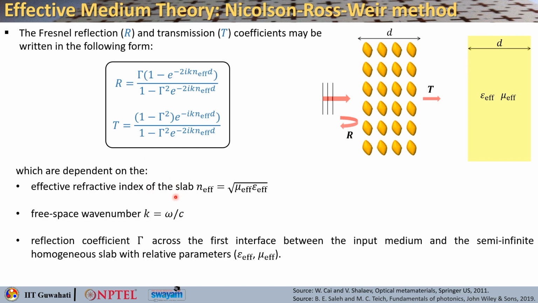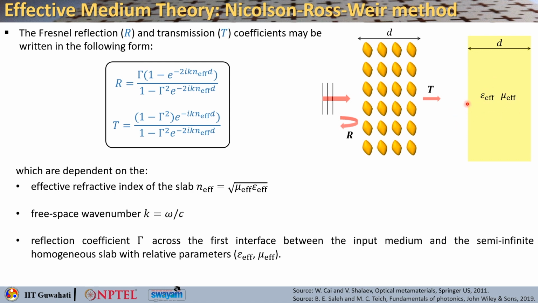So, what are these two things? n effective is basically the effective refractive index of the slab, which you can calculate as the square root of mu effective and epsilon effective. Then you have the free space wave number appearing here, k, that is omega by c, and then you have gamma, which is basically the reflection coefficient across the first interface between the input medium and, if you assume that this particular slab is a semi-infinite one, which has permittivity epsilon effective and mu effective, right.